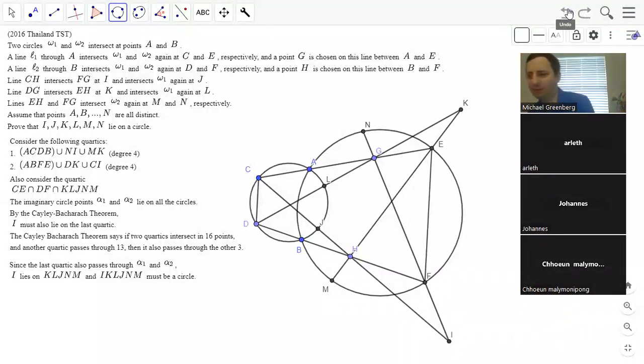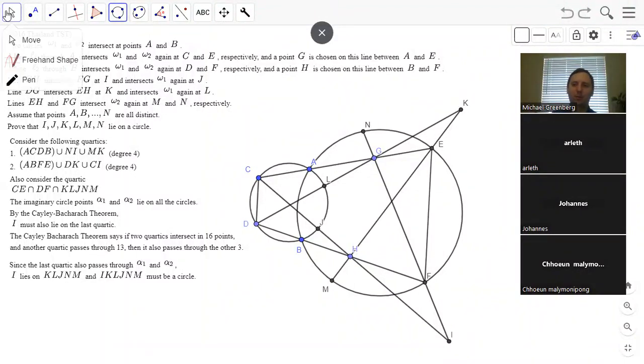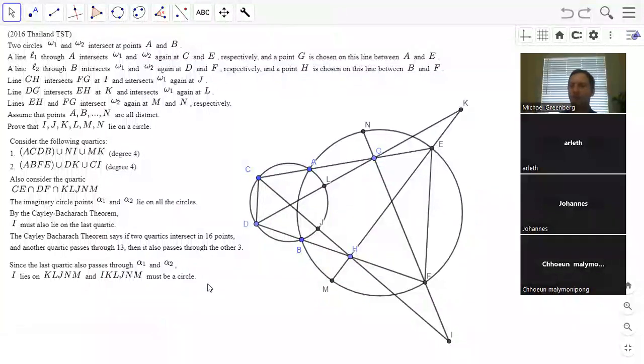So DDIT, the Desargues involution theorem, and Cayley-Bacharach, those are two super powerful theorems. I don't even really know. So I guess a quartic is some kind of polynomial equation with degree 4.